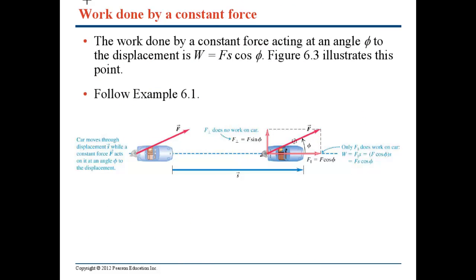Unfortunately, the simple example from the last page doesn't pan out if the force and displacement vectors are not in the same direction. We simply cannot write work is equal to force multiplied by the displacement, not when the force and displacement are in opposite directions.